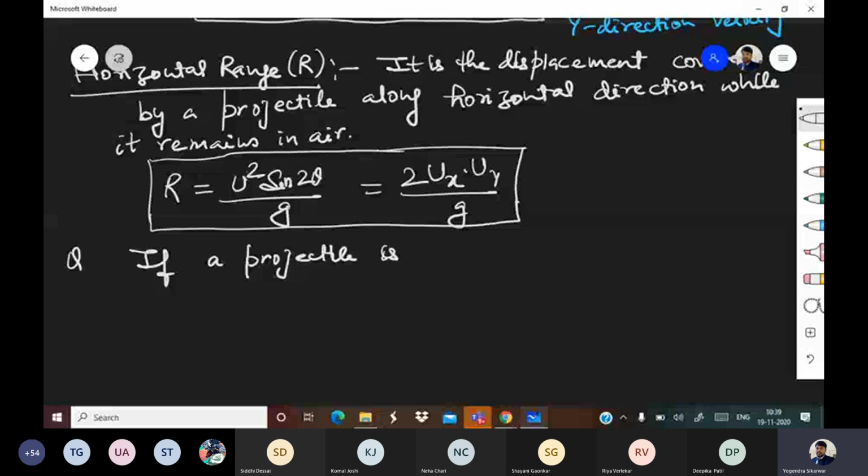Take g as 10, g is equal to 10 meters per second square. Please calculate, everyone.